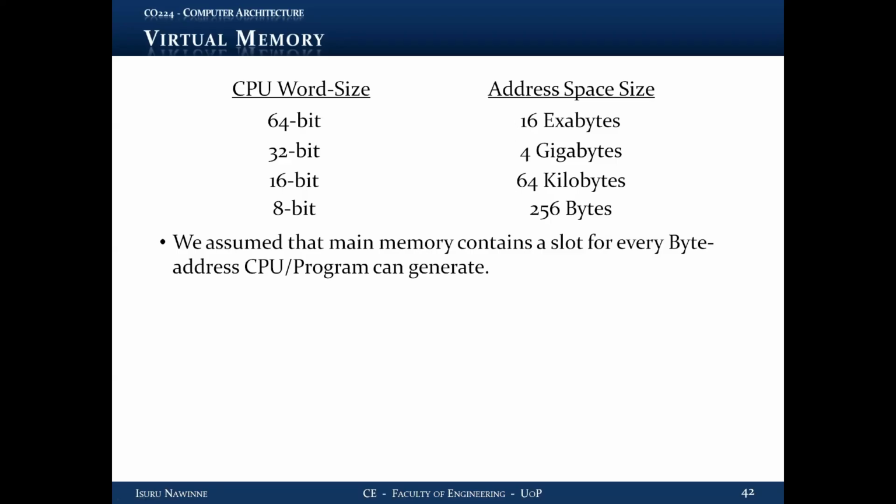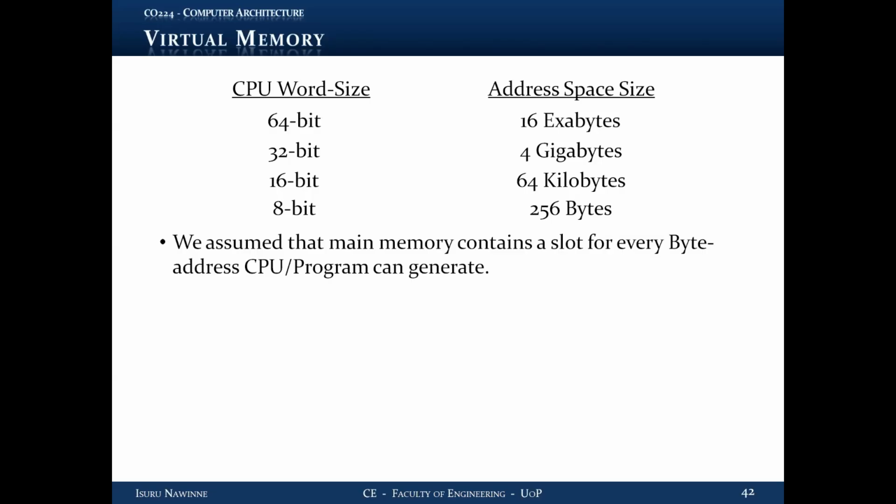So far in our memory hierarchy design, we assume that the main memory contains one slot for every byte address that our CPU, or the program running on the CPU, can generate. The CPU produces a byte address or a word address, which refers to the starting byte of that word, with the last 2 bits 0 in our examples.